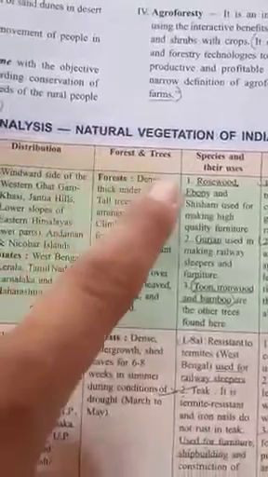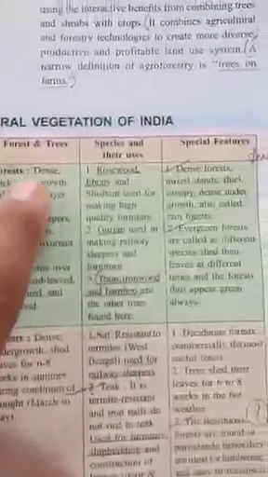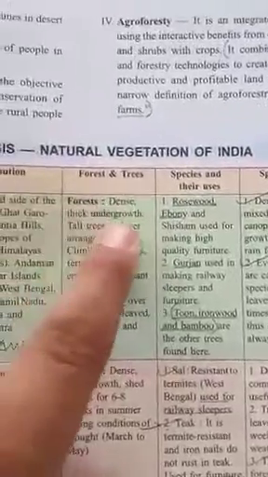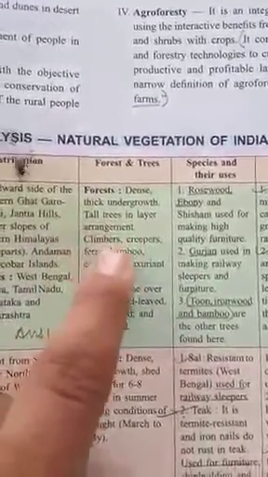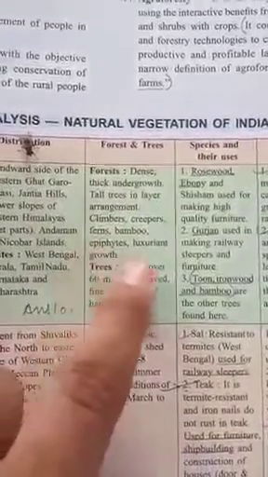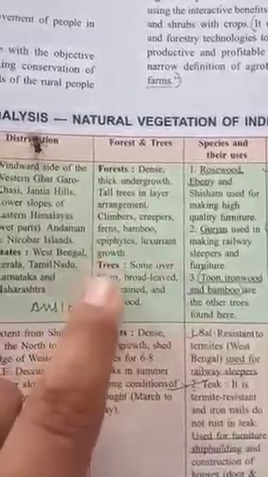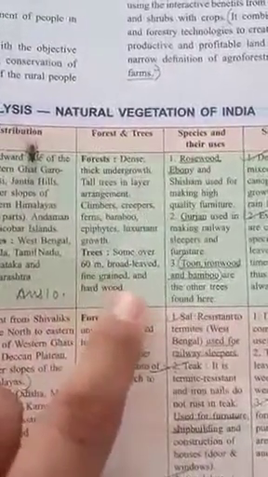Nicobar Islands. And the forests and timbers which are found in tropical evergreen forest are, you see, dense, thick undergrowth, tall trees in layer arrangement, climbers, creepers, fern, bamboo, epiphytes, luxuriant growth, and the trees, some over 60-meter, broad-leaved and grained and hardwood.